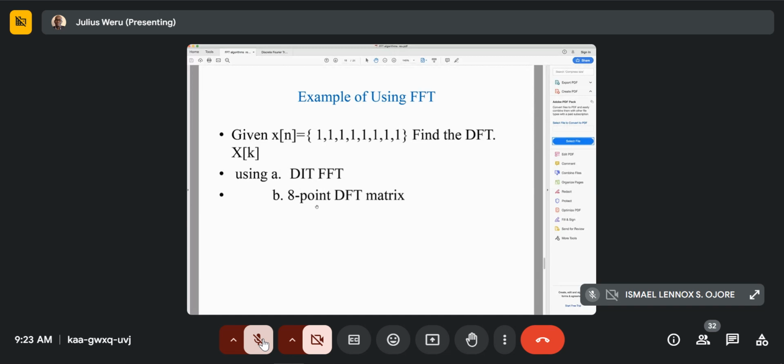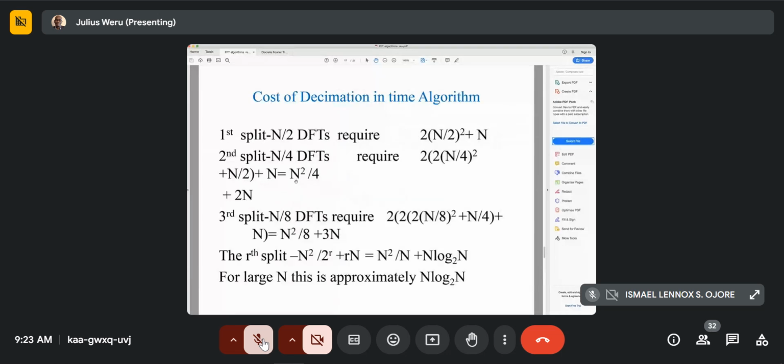So you are told to find out the DFT using DIT FFT, or the 8-point DFT matrix. Of course, you can work with the 8-point DFT matrix. I didn't work it out, but that is the 8-point DFT.